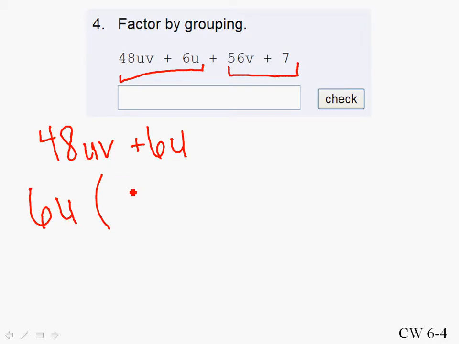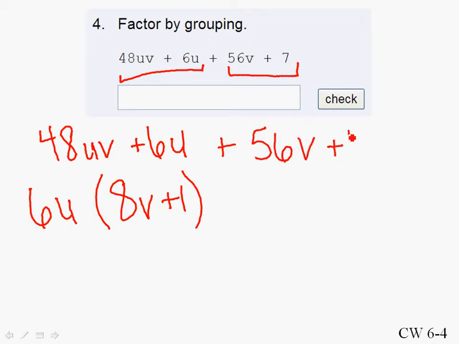When I divide 6u into each, I'm left with 8v plus 1. 56v plus 7, the greatest common factor is 7, leaving me with 8v when I divide 7 into 56v plus 1.